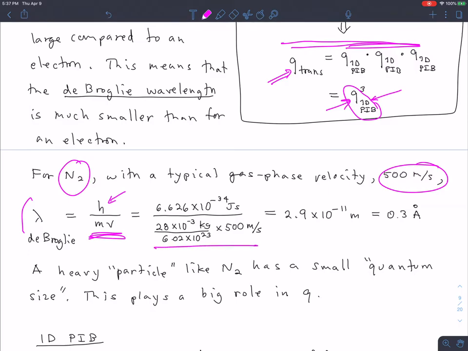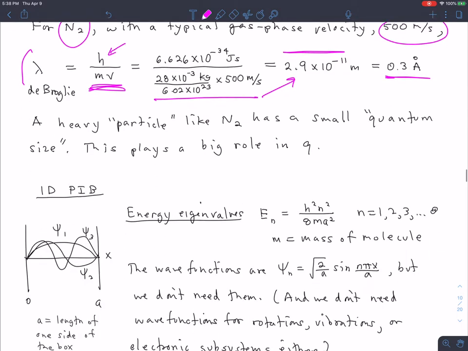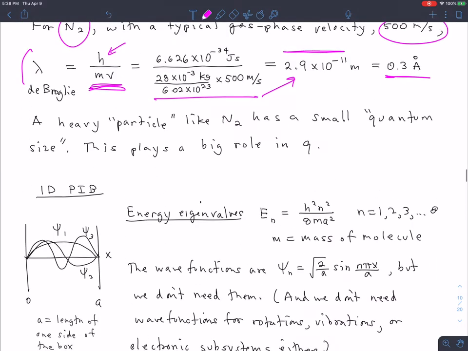Then plugging in all the numbers, doing the arithmetic, we get that the de Broglie wavelength for that particle is about 3 times 10 to the minus 11 meters, or about 0.3 angstroms. So it's not infinitesimal compared to the size of a molecule, but it's smaller than the size of a molecule, and therefore very much on the microscopic scale. All right. That's our background.